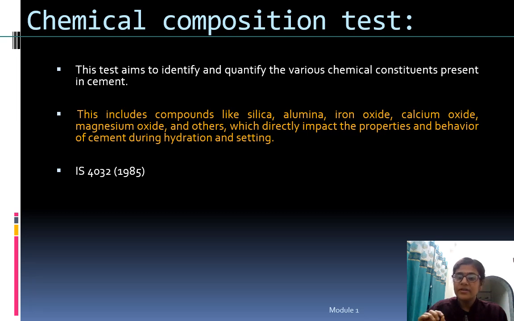Each of them directly impacts the property of the cement, and the heat of hydration, the setting time, everything is influenced by this composition, right? And hence the whole concrete and also the structure being constructed using this concrete will be influenced. So this is a very important test, and it is done by following IS 4032 1985.